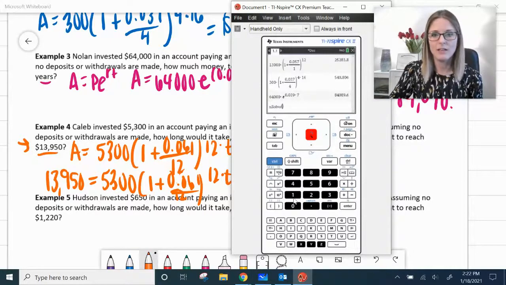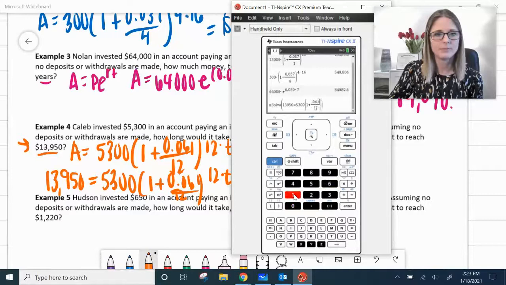Okay, so I got my InSolve. 13,950 equals 5,300 times 1 plus 0.061 all over 12, raised to the 12th t. I'm going to leave it as t so I don't confuse anybody, comma t.